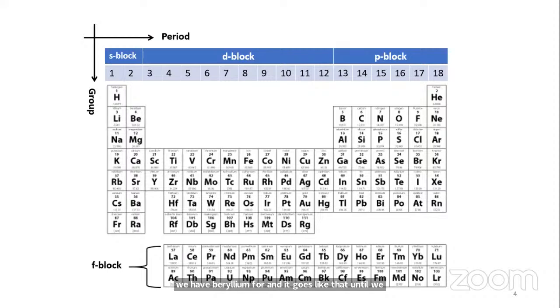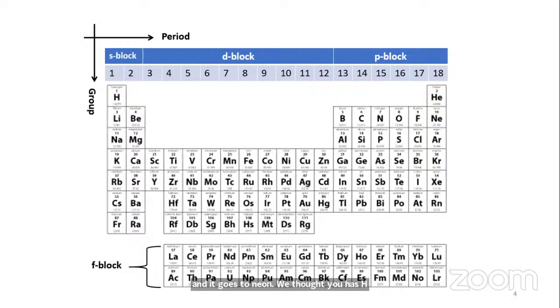We can now look at the periodic table. We have 7 horizontal rows, and each row is called a period. The first row, which is the first period, has only 2 elements, hydrogen and helium. The second row has 8 elements. It starts from lithium and goes to neon. The third row has 8 elements.